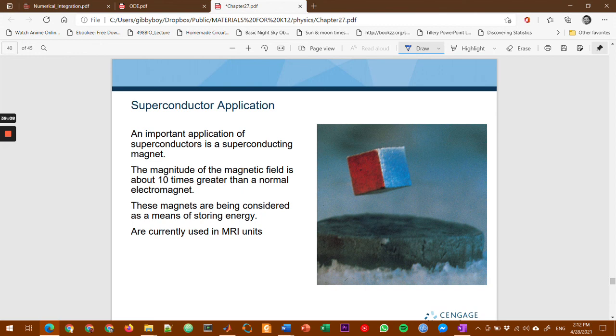So mo create na ni siya a very very strong magnetic field dinhi dapita if kani siya subjected siya at a very very low temperature. I think gibutangan ni siya og liquid nitrogen na very very low temperature na siya. So at a very low temperature, ang iyang magnitude sa magnetic field is would be 10 times greater than a normal electromagnet. So that's why it can literally lift.